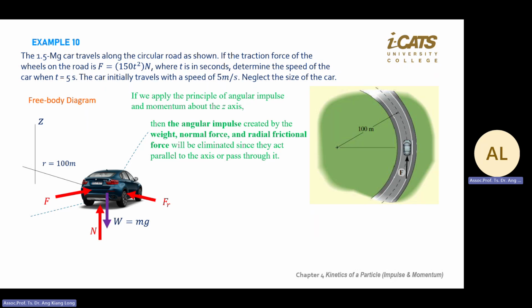If you see this Fr, Fr goes along the R. N and W go along the z-axis. So we only have the force that goes tangent to the R. We are focusing on the R because we're dealing with the angular force. Again, moment is force multiplied by the perpendicular distance.